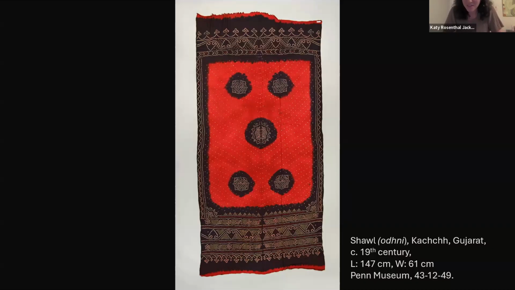And so these medallions, while floral, they can also be referred to as Padma or lotuses. The medallions carry this reference to the moon, and presumably to the star-filled sky.